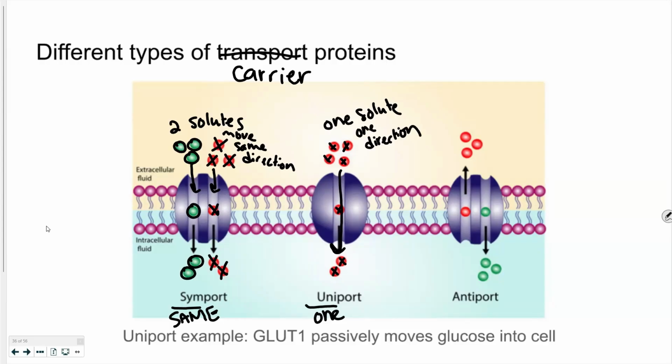And we might have our third type, called an antiport. So this means against, anti. So we're having two solutes moving in different directions.